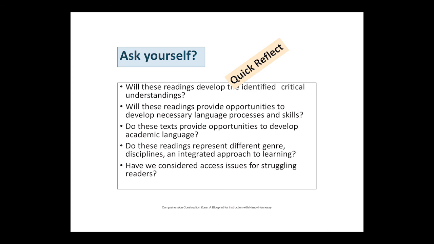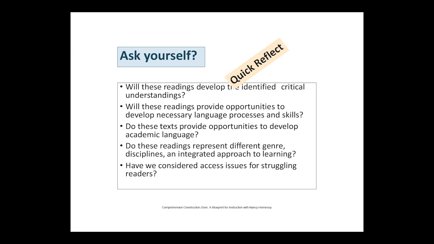So here's a few quick reflect questions. I think I put this in your participant guide, but we can just look at these together. Will these readings develop the identified critical understandings? See, we can't be willy-nilly about our choice of readings for our students. Right? Will these readings provide opportunities to develop necessary language processes and skills?